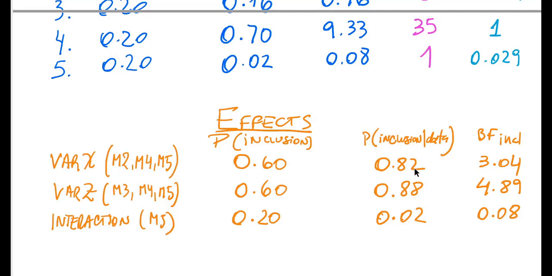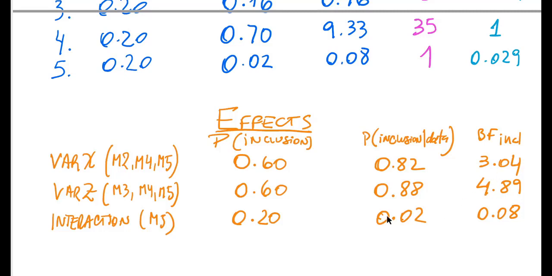So we do the same, but the posterior odds is 0.82 divided by 0.18, which is the complement, what it needs to get to 1. And the posterior odds divided by the prior odds is 3.04, and that's the Bayes factor for inclusion.